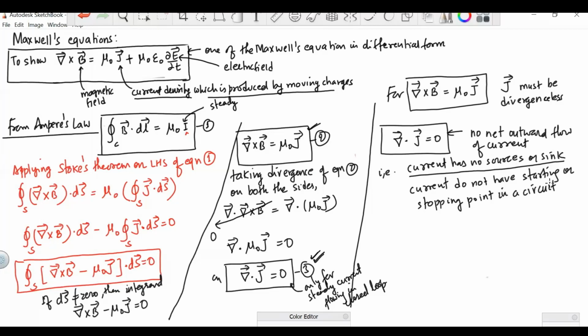So we need to understand this. That is, there is no start or no stop of current in a circuit. So this means that current must flow continuously in the entire circuit.